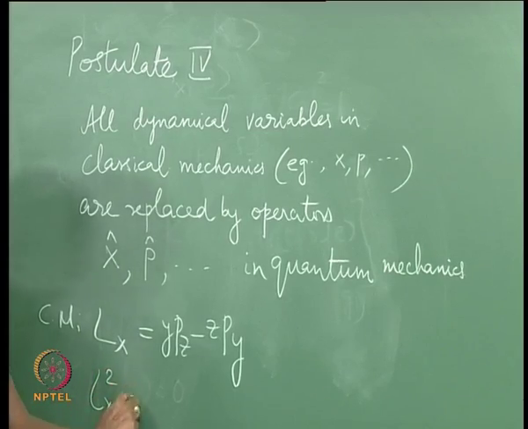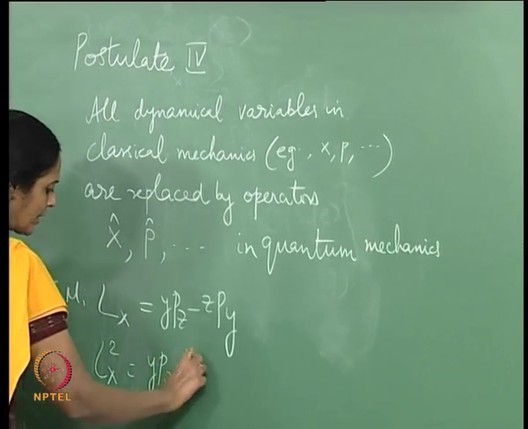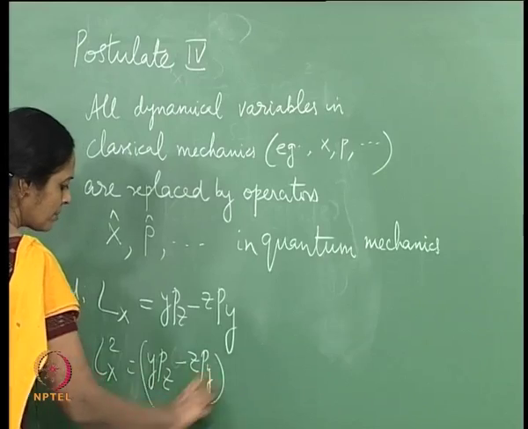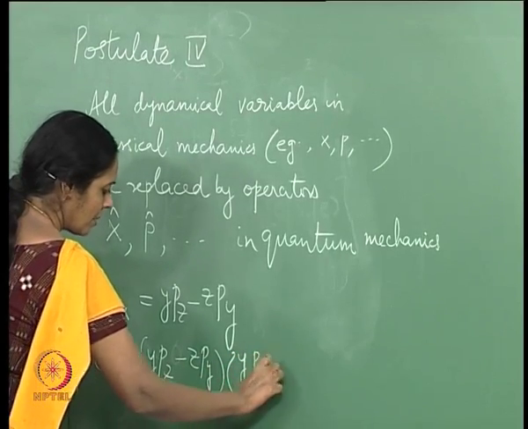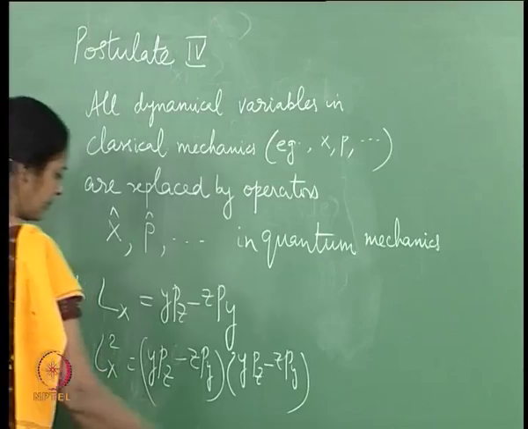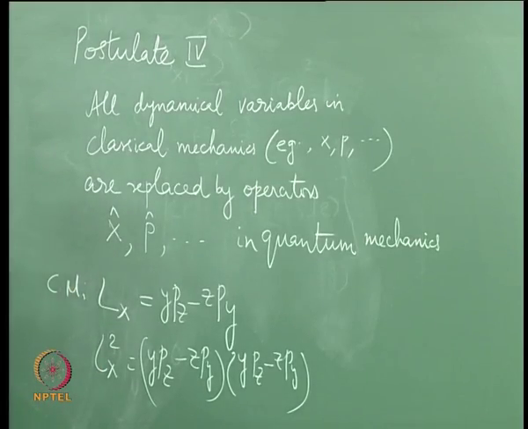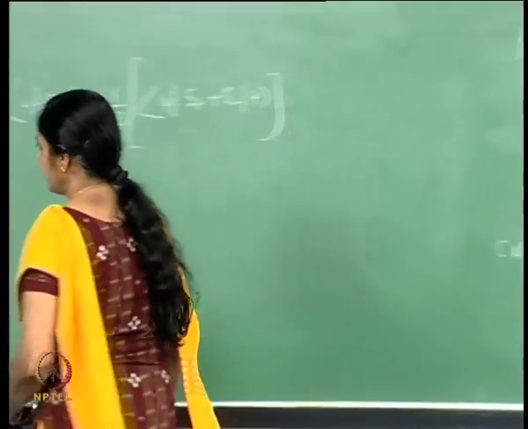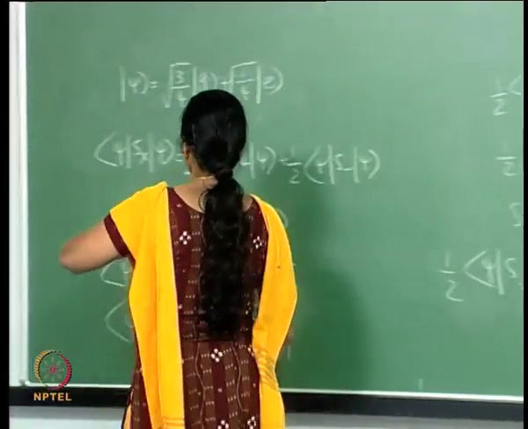So Lx squared would be ypz minus zpy times ypz minus zpy. And what would that be? These are numbers in classical mechanics.